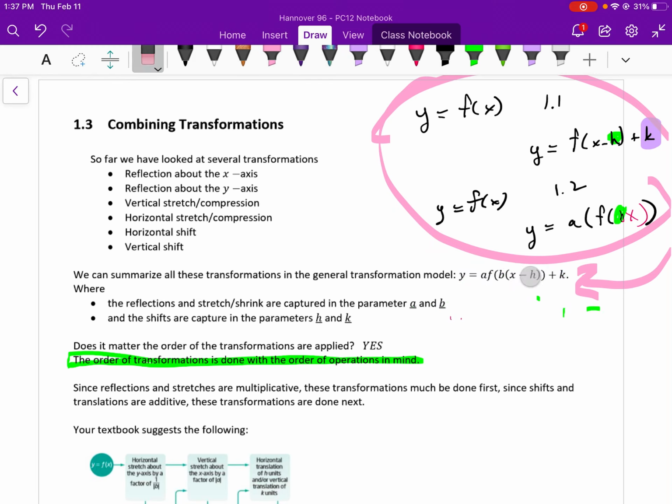Let us go back to this equation up here. I'm going to highlight everything that we multiply in green. A is a multiplicative transformation. B is also a multiplicative transformation. Does it matter which comes before which? A, which is a vertical stretch or reflection about the x-axis, or b, the horizontal stretch or reflection about the y-axis?